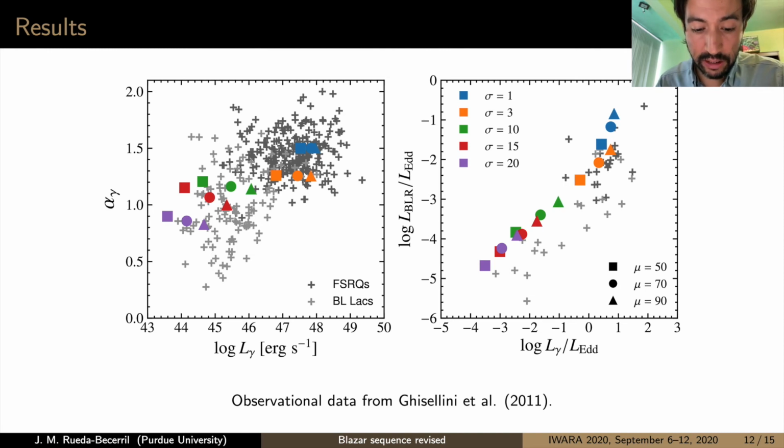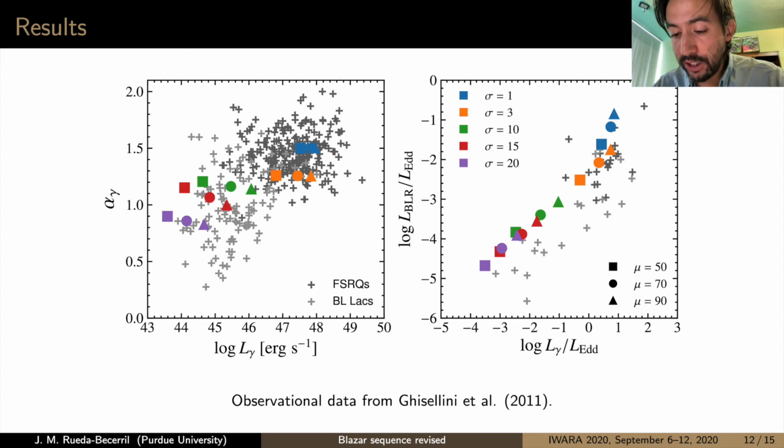For instance, on the left we have the spectral index in the gamma rays as a function of the gamma ray luminosity. We can see that FSRQ-like objects, meaning the low magnetization objects, fall within the FSRQ region, and the BL Lac-like simulations fall in the BL Lac region.